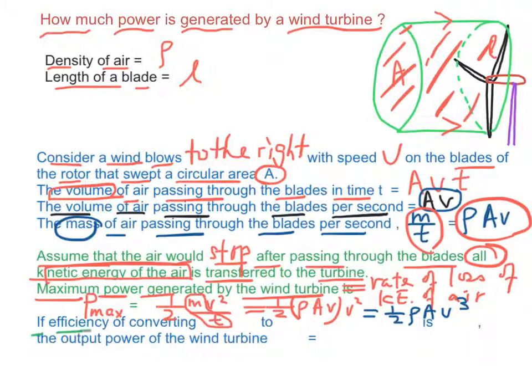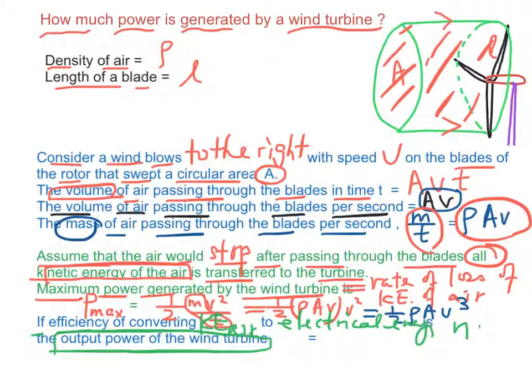If the efficiency of converting the kinetic energy of air to electrical energy is N, then the output power of the wind turbine would be equal to half N rho AV cubed.